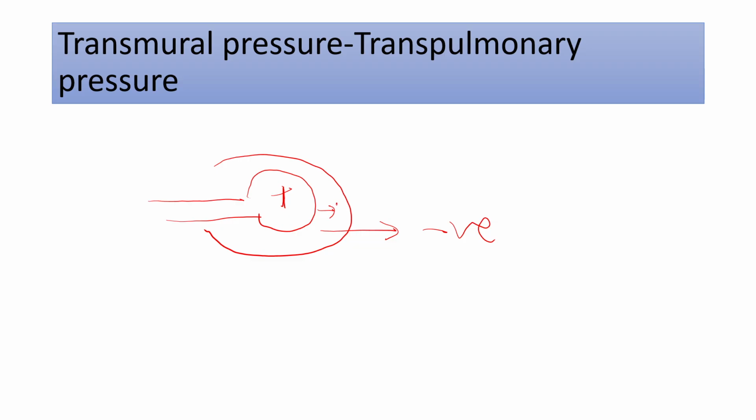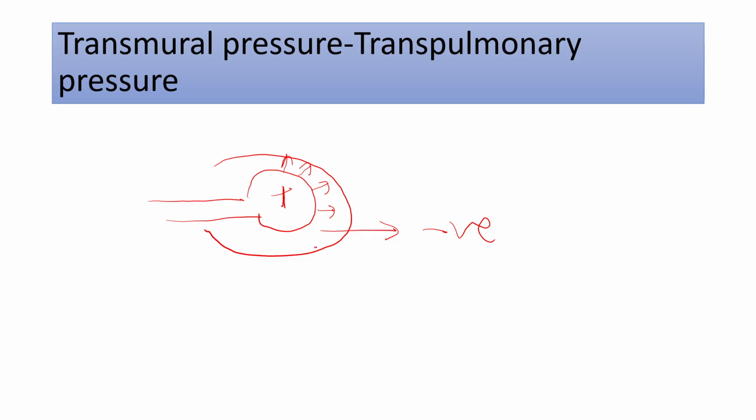Transpulmonary pressure is the one which distends the alveoli. So we have chamber within chamber. We have alveoli and we have a pleural space around. The pressure here is ideally negative and this is positive, and this helps to distend the alveoli during inspiration. That is the transpulmonary pressure.